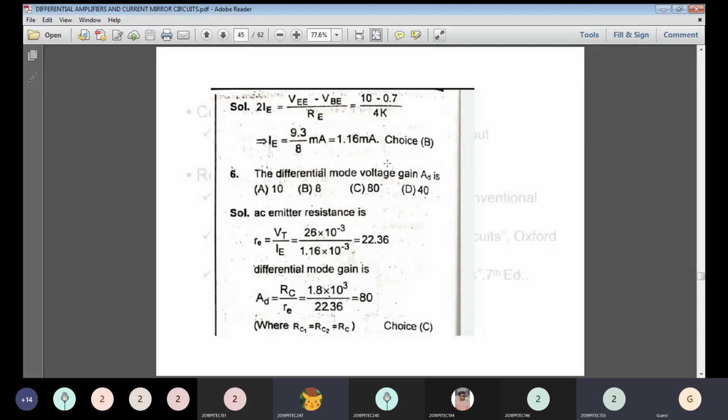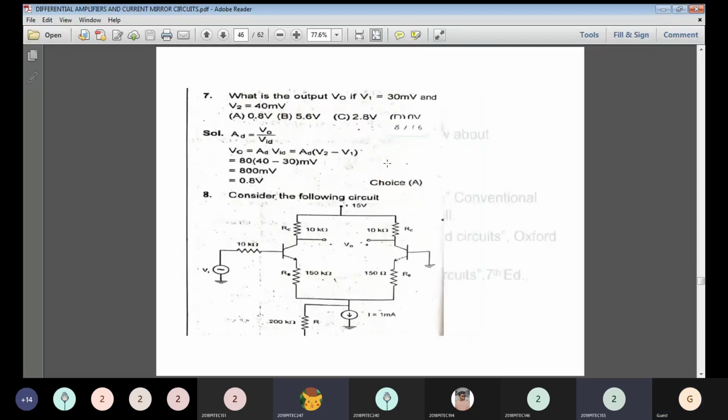But instead of giving a voltage as given data, sometimes they will give the resistance values. If resistance values are available in the question, you can use the AD formula with respect to resistance. So in this situation, we are using RC divided by RE. So the value of AD gain is nothing but 80.